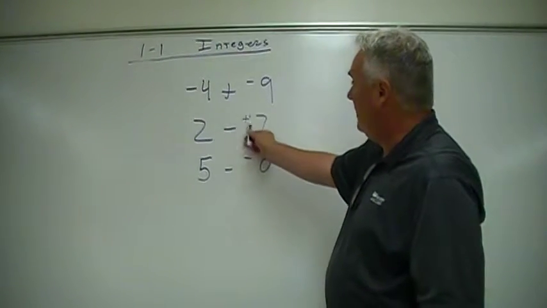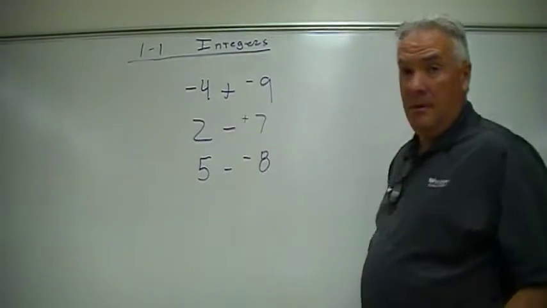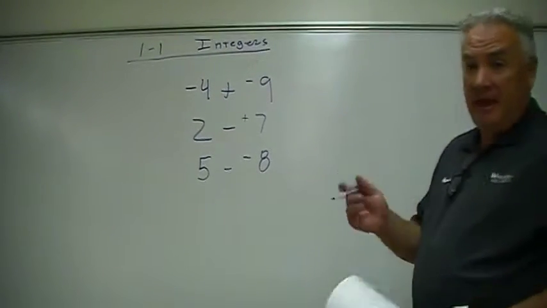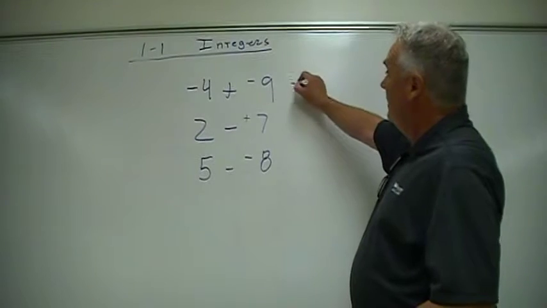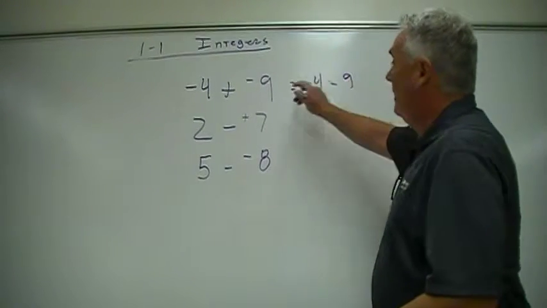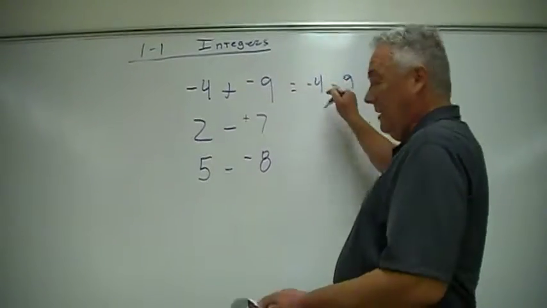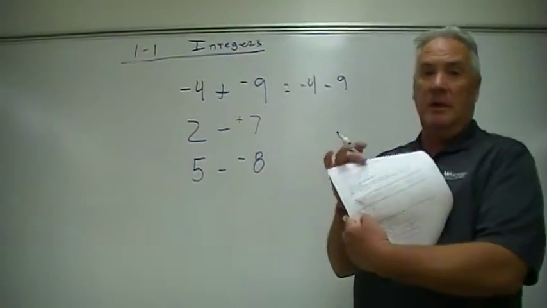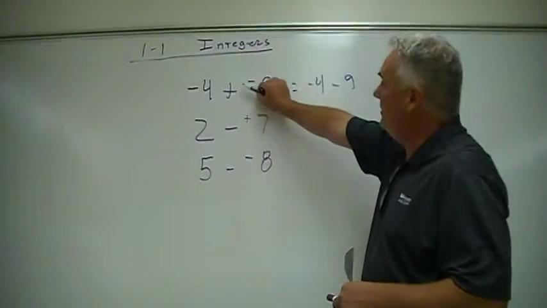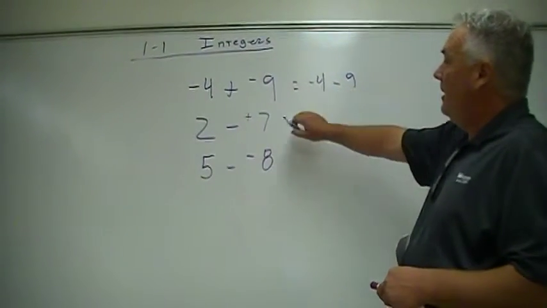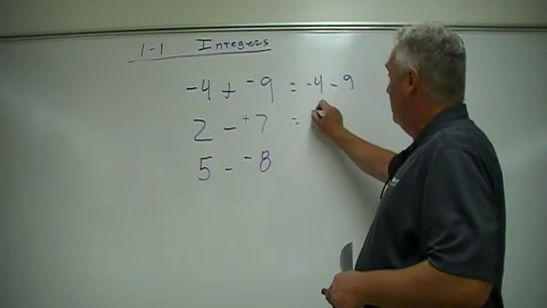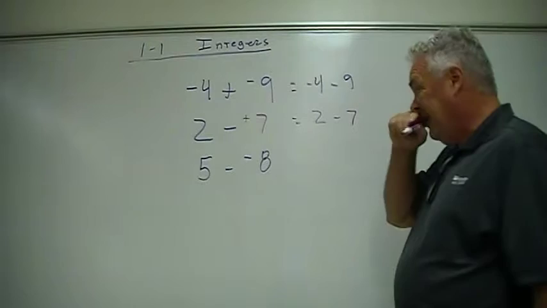If we have double signs, okay? Reduce those two to one sign, then it's back to rule number 1. So this becomes -4 minus 9. Plus or minus becomes negative. I've given you the little key at the top of rule number 3, that plus or minus becomes negative. Minus a plus also becomes negative, so this becomes 2 minus 7.